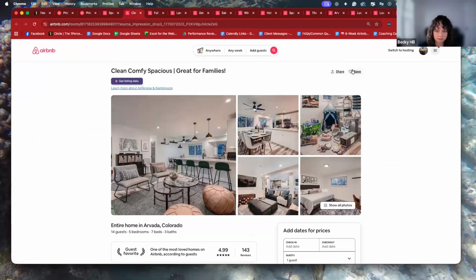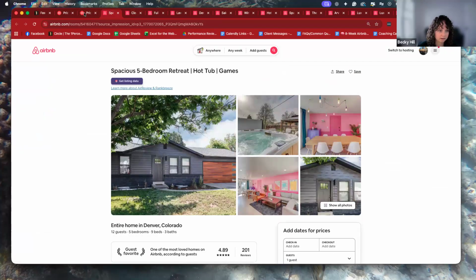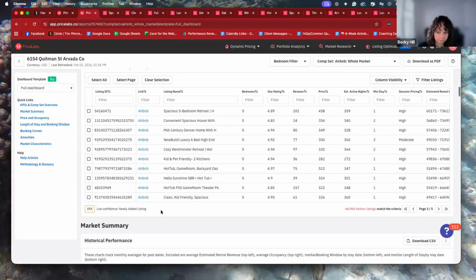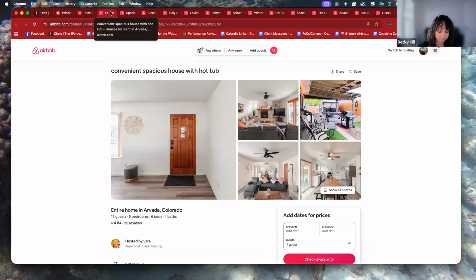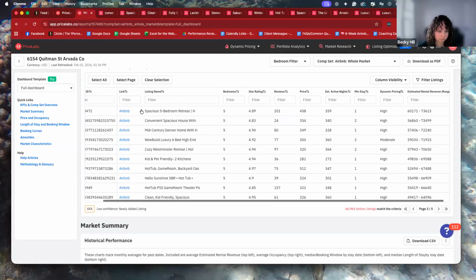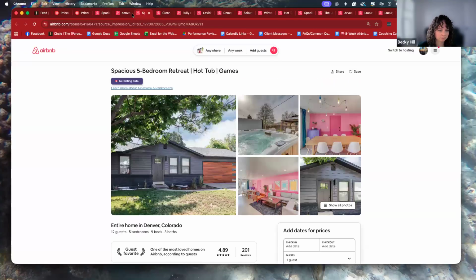Then I save this one, save it. This one has a hot tub. Oh, I lost where I'm at now. We're on this page. Yeah, we did. Spacious.